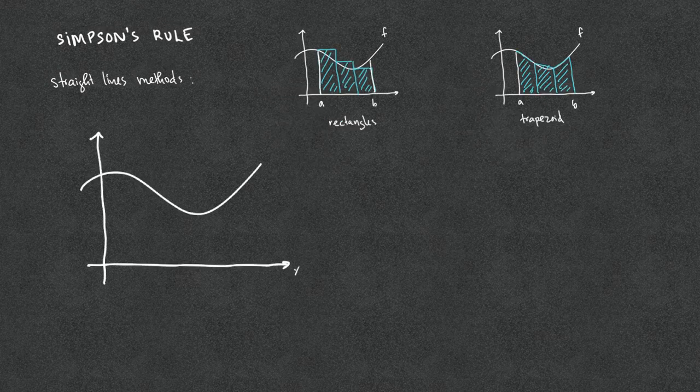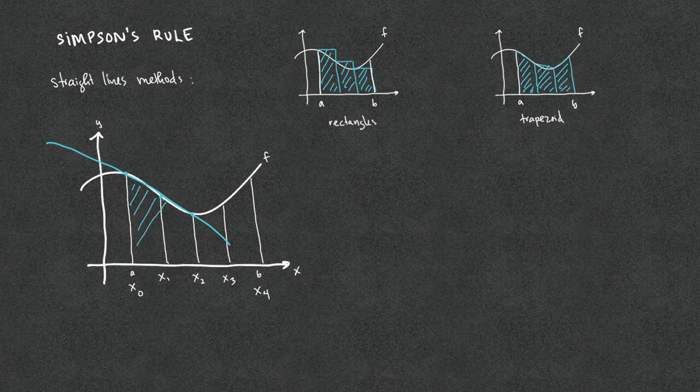Using two consecutive intervals, x1, x2, for example, and then x2, x3, using the 3 points in the two intervals on the graph, we fit a parabola that goes through the 3 points. The area under the parabola within the two consecutive intervals will estimate the area under the curve within the same intervals.